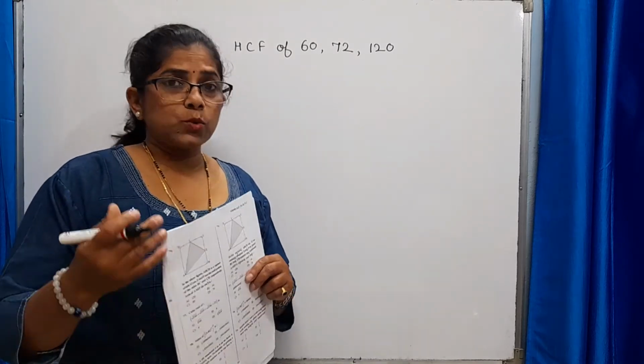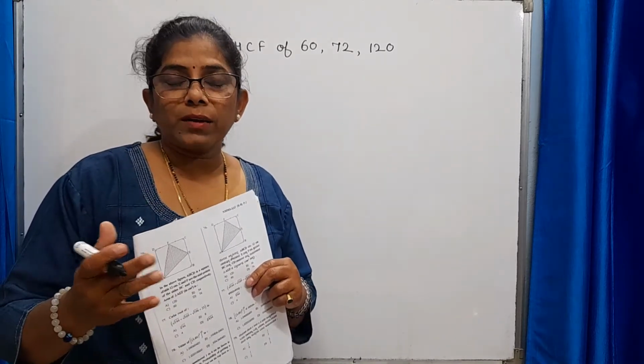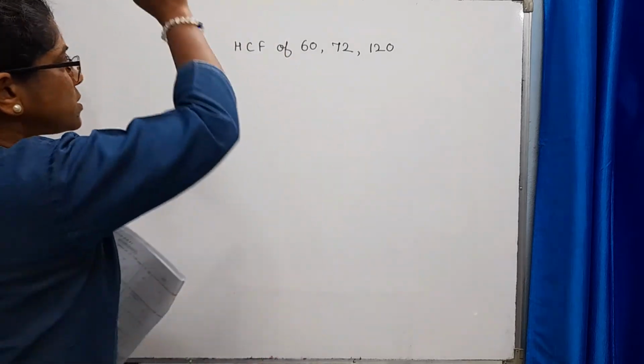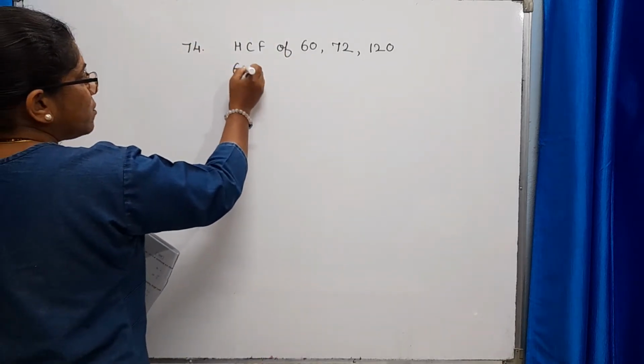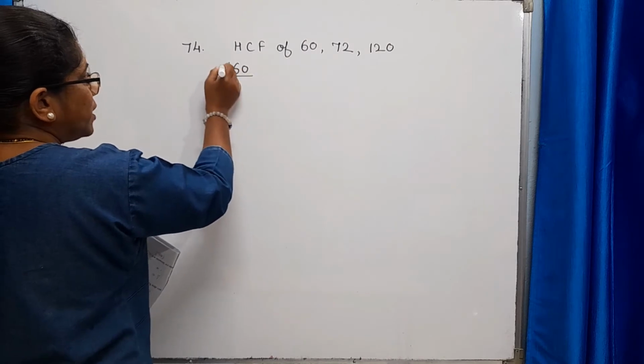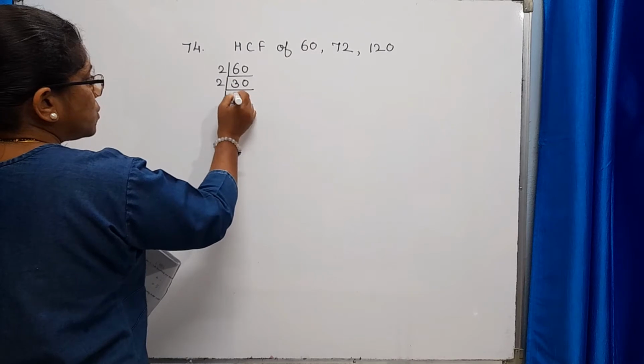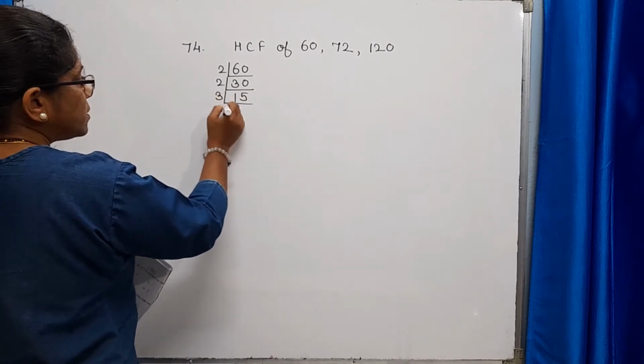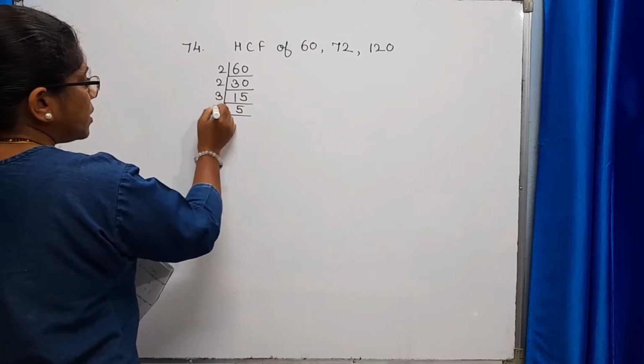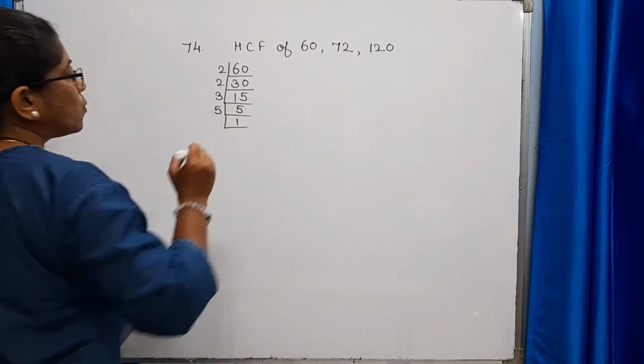Now you know this school method, how we find the common factor, how we find the HCF. So in school what we do? We factorize these numbers separately. 2, 30, 2, 15, 3, 5, 5, 1.